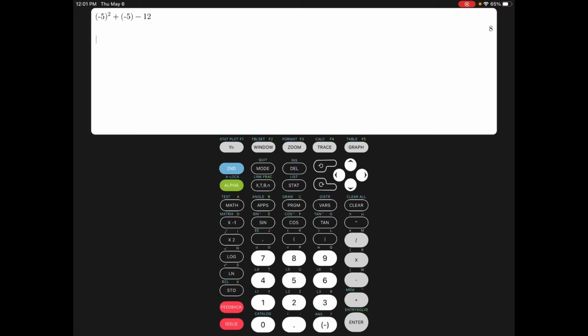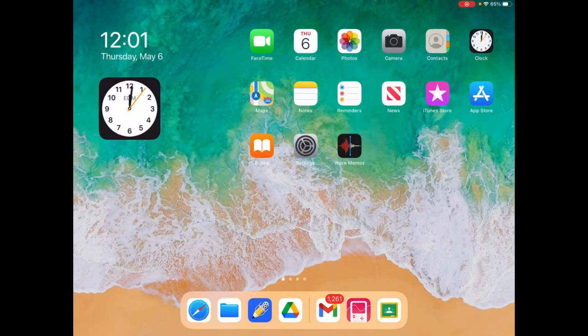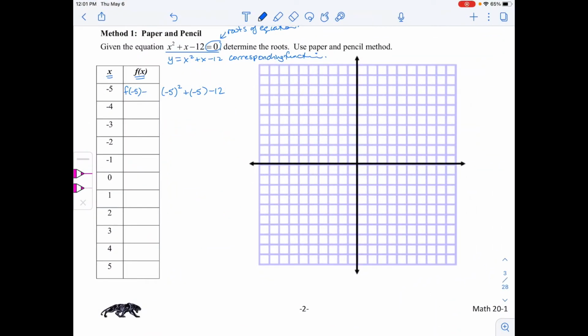And I get a value of 8. So in my table, I'm going to go back here, and f of -5 is 8. All that is a point, a set of coordinates. That means when x is -5, okay, y is 8. I'm going to plug that in on my graph, or sketch that, I might plot that on my grid here.